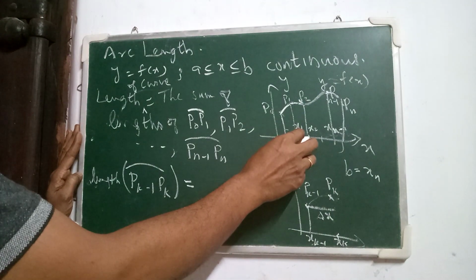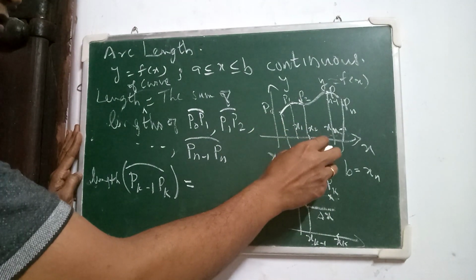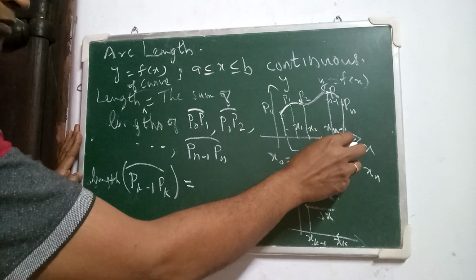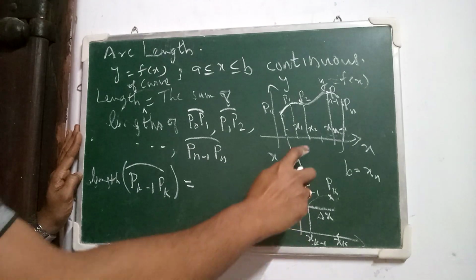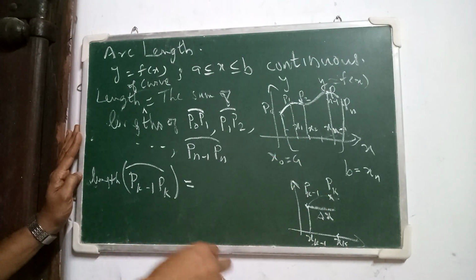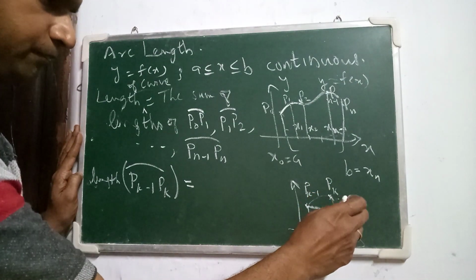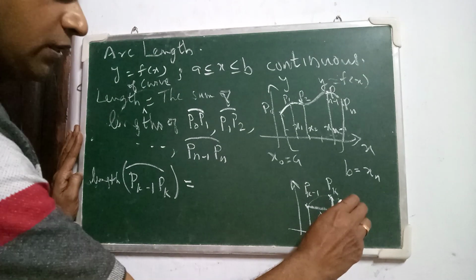That means the length of x0 x1 is the same as the length of x1 x2, etc., the same as the length of xn minus 1 xn. These are equally spaced partition points. So the length of each subinterval is delta x, and this is the change in y, so this is delta y.